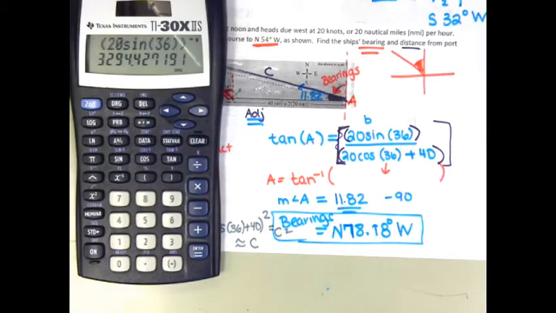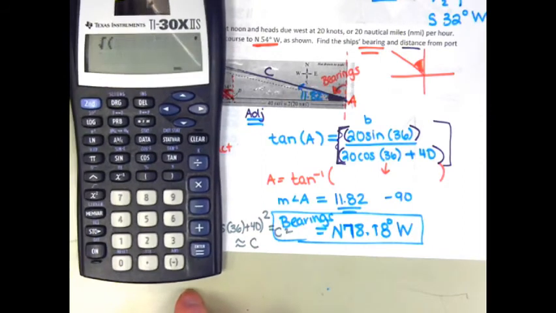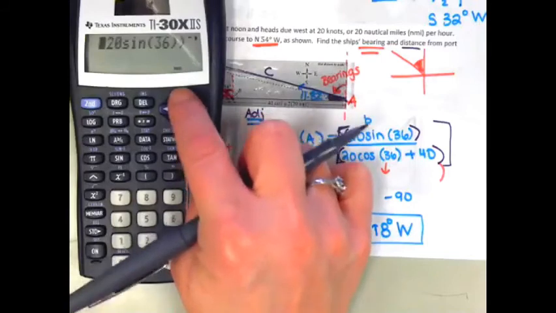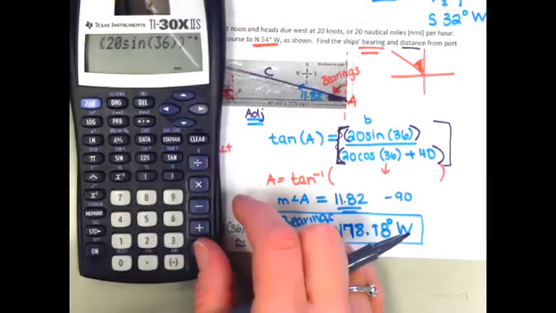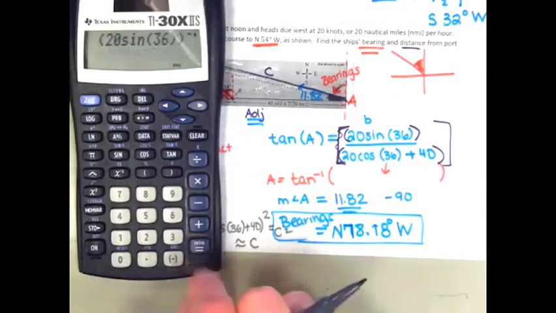And I get this 3,294.42 or something, right? So now I need to take the square root of that. So I'm just going to hit second square root. And obviously you notice it disappears. Just hit the up arrow. And I'm going to pull up that entire thing.